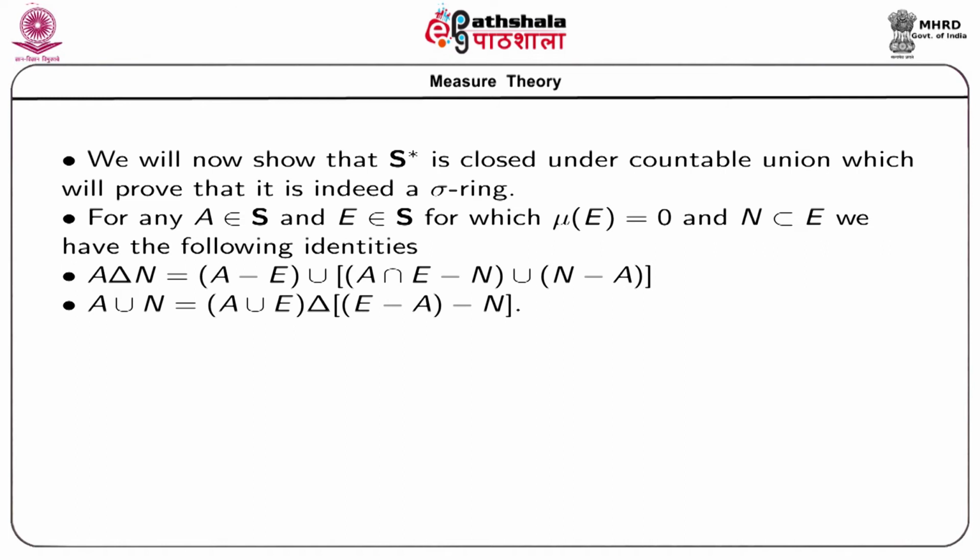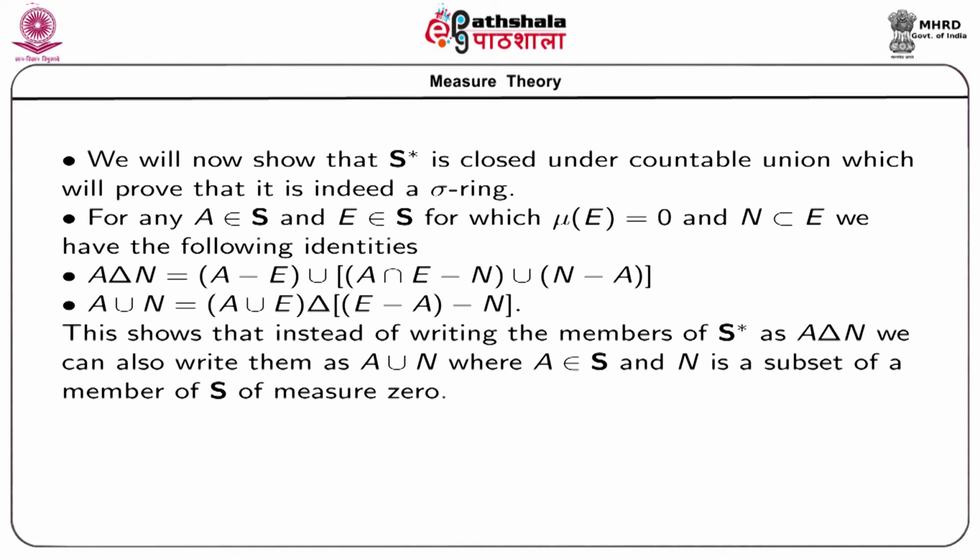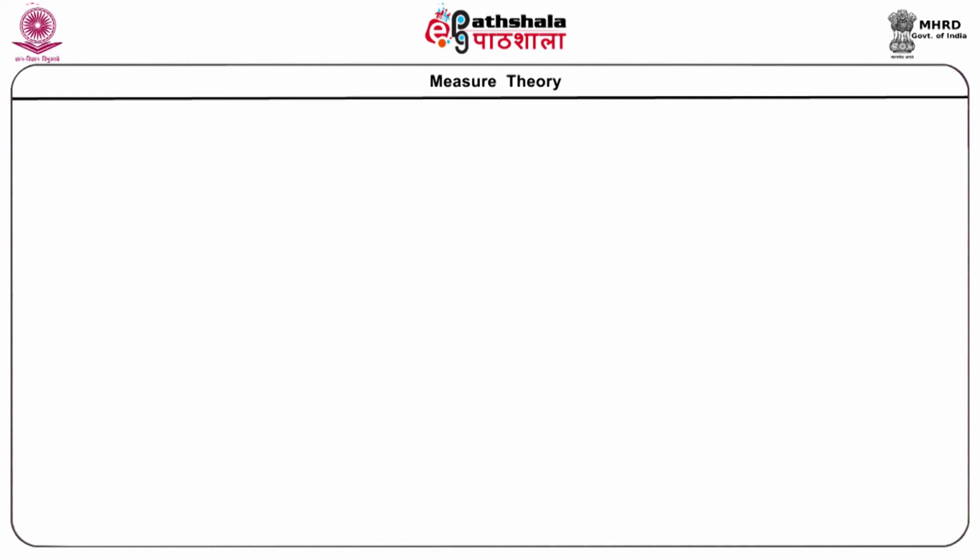A delta N can be written as A minus E union A intersection E minus N union N minus A, and A union N can be written as A union E delta E minus A minus N. So, this shows that instead of writing the members of S star as A delta N, we can also write them as A union N, where A belongs to S and N is a subset of a member of S of measure 0.